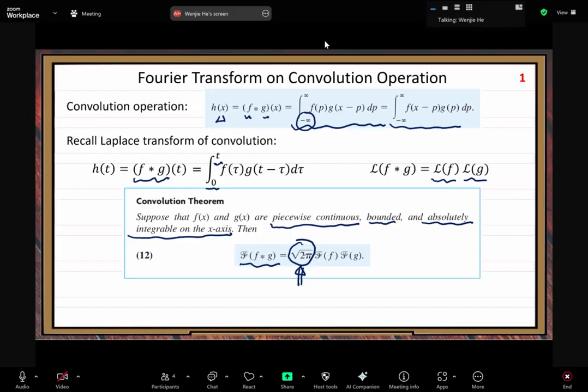In real-world applications, we just do a little more work. So that's the convolution operation.